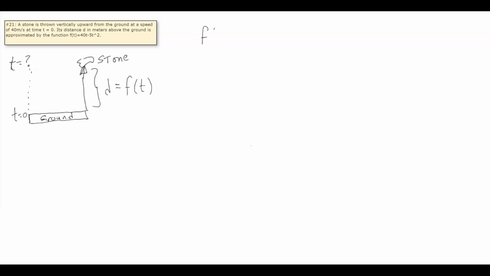So f of t is equal to 40t minus 5t squared. Why I thought I was doing it incorrectly is that I didn't utilize the 40 meters per second, but really I don't have to utilize it because we have distance equals rate times time.